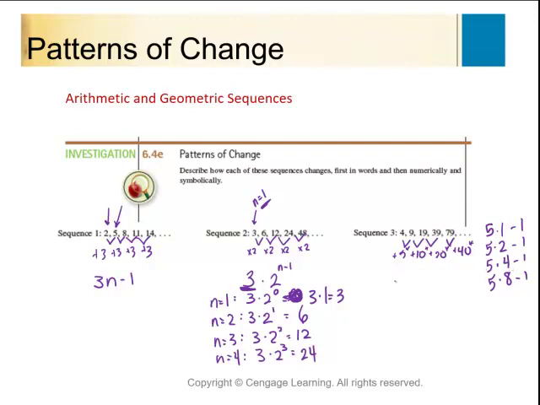So I would say that this one is 5. These are all powers of 2, so I say times 2 to the, and I want a 1, so I'm going to do n minus 1, because 2 to the 0 is 1. This is 2 to the first. So if I start with n equal 1, I'm going to have 5 times 2 to the 1 minus 1, which is 2 to the 0, minus 1.